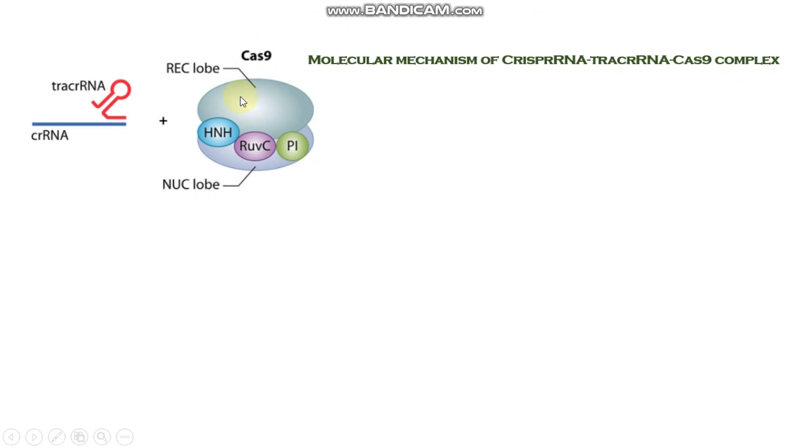As you see here, this is the tracrRNA, and Cas9 contains two different lobes: the REC lobe, the recognition lobe, and the NUC lobe, the nuclease lobe. The NUC lobe contains three different domains: HNH, RuvC and PI.